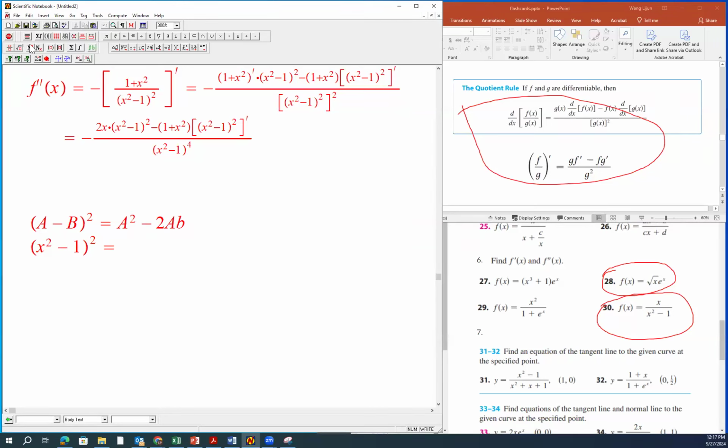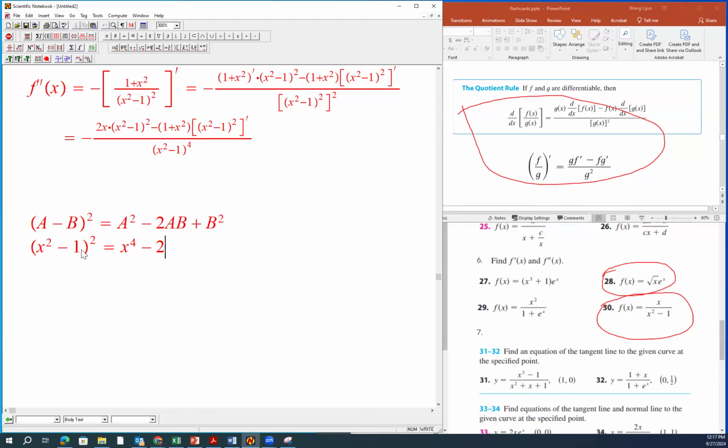You can see this algebraic formula is very commonly used. Our a is x squared, then being squared again, so x to the power 4, subtracting 2ab, where b is 1 and a is x squared, plus b squared, which is 1 squared, 1.